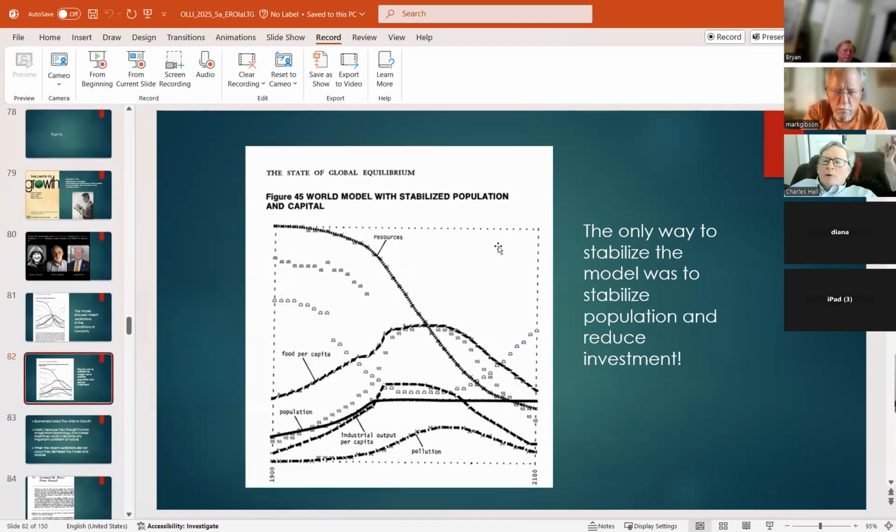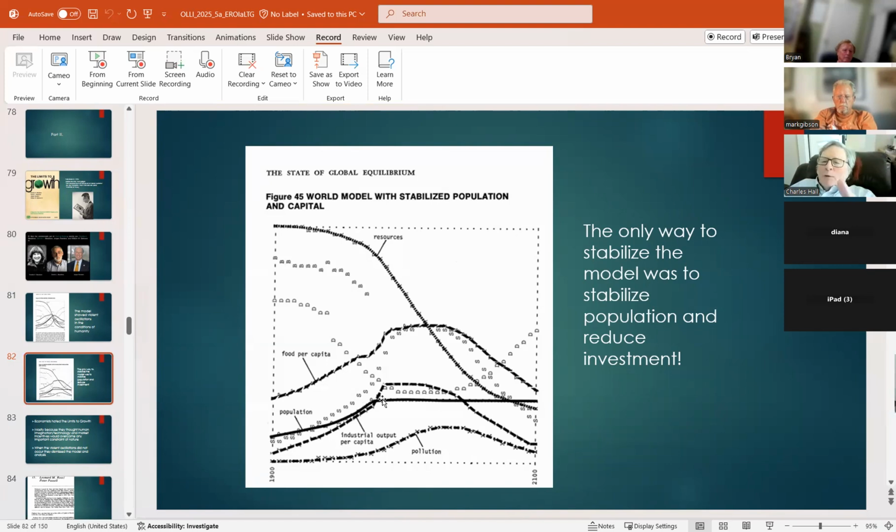And I was, of course, very interested in this. The only way they could cause the human population to stabilize, see the straight line across here from population, was to do two things.